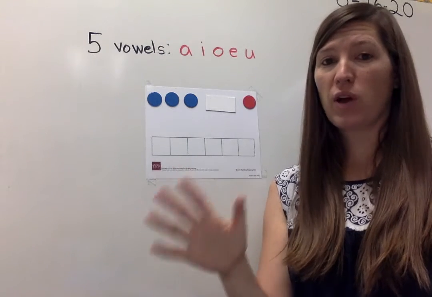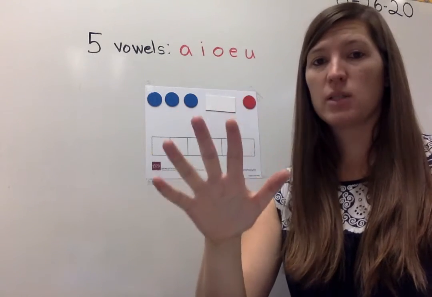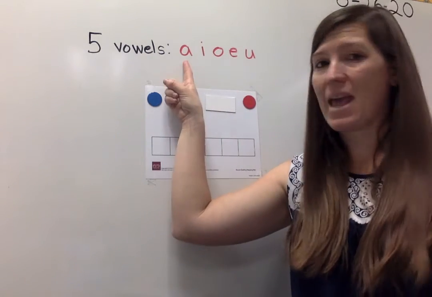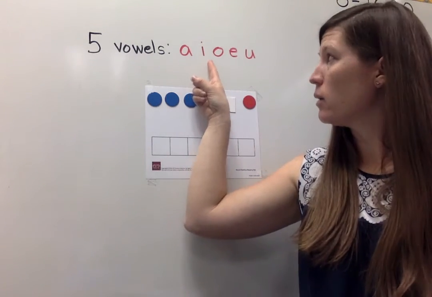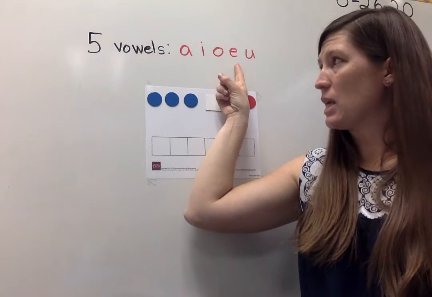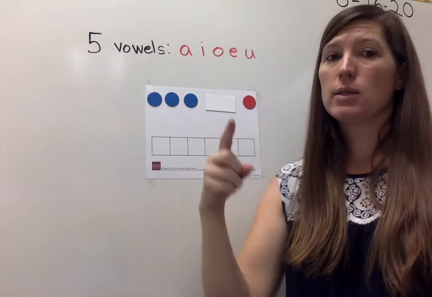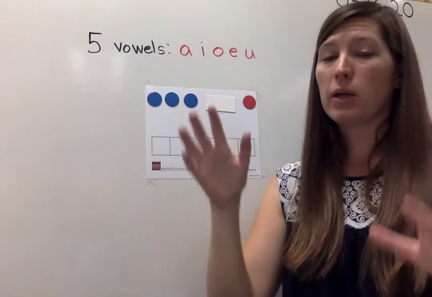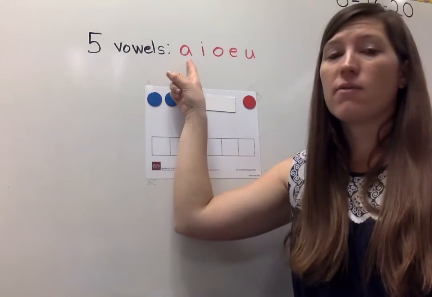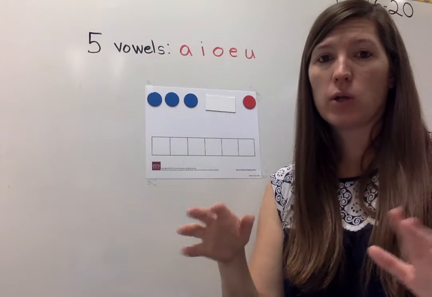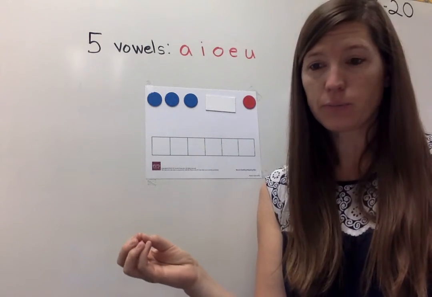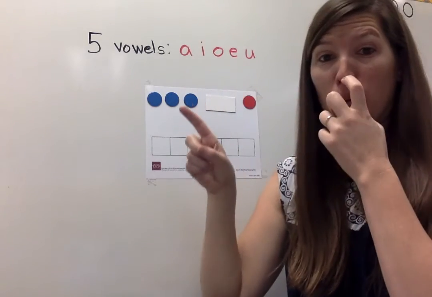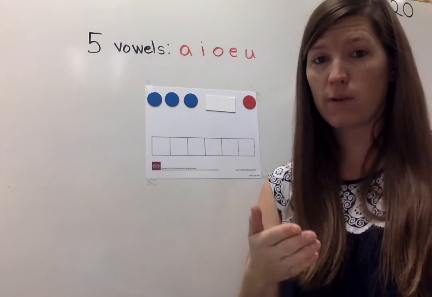I want to review our vowels. Put your fingers up. Say, there are 5 vowels. The vowels are A, I, O, E, U. Typically, we usually say A, E, I, O, U. But in this program, they have the vowels in a different order so that they don't all just blend together: A, I, O, E, U. And we're focusing on the short vowel sounds.